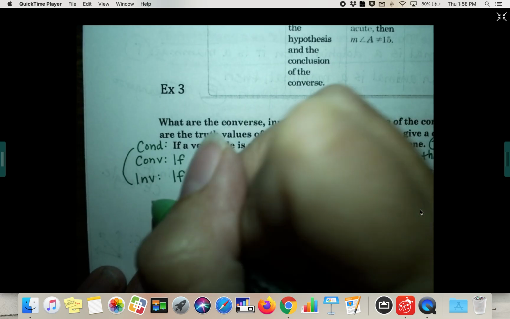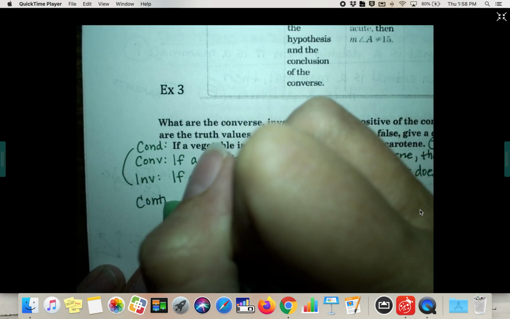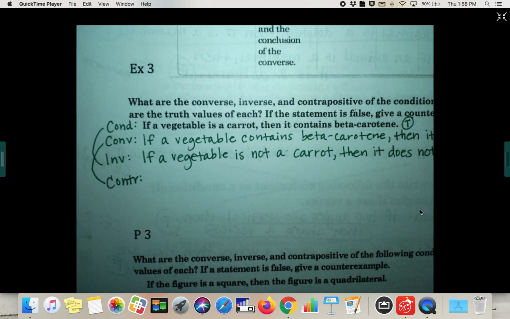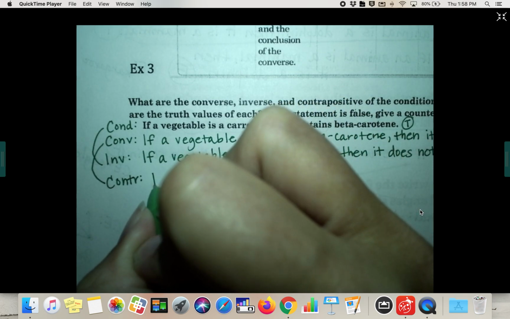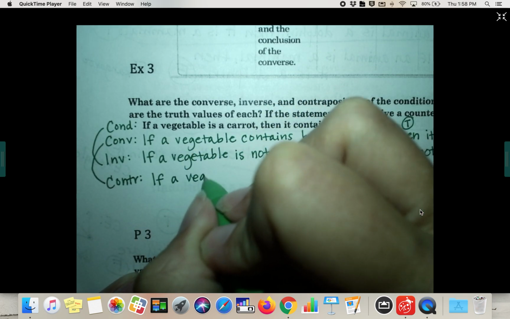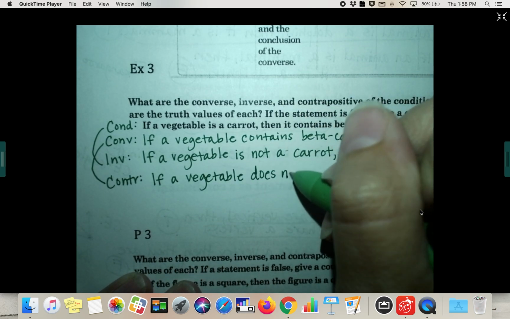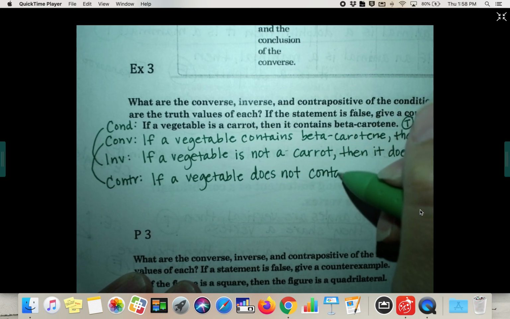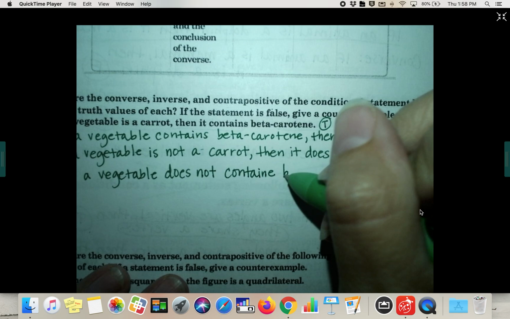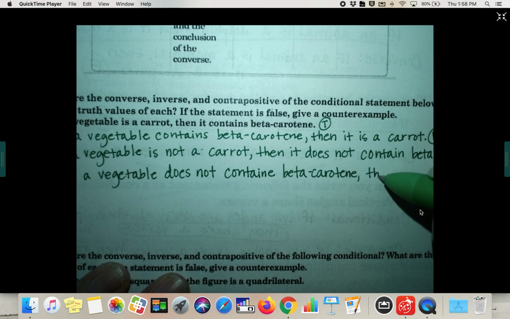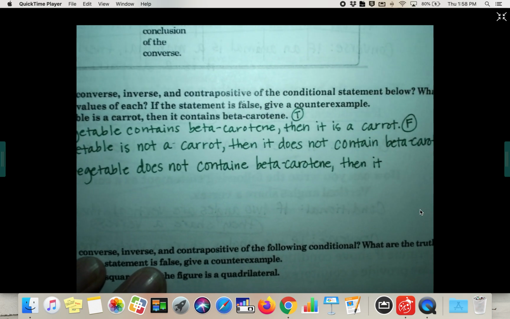All right, and then the last one is the contrapositive. And the contrapositive is the same as the converse, except we negate both of those two. So we put a negative word in there. So this one will be, if a vegetable does not contain beta carotene, then it is not a carrot.